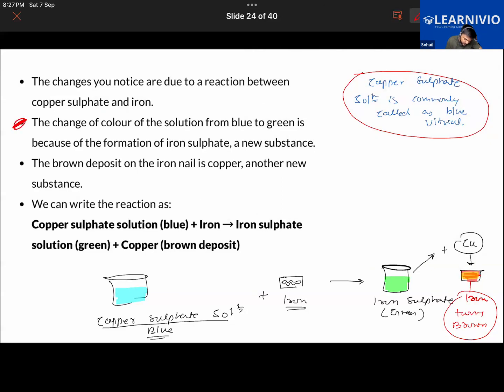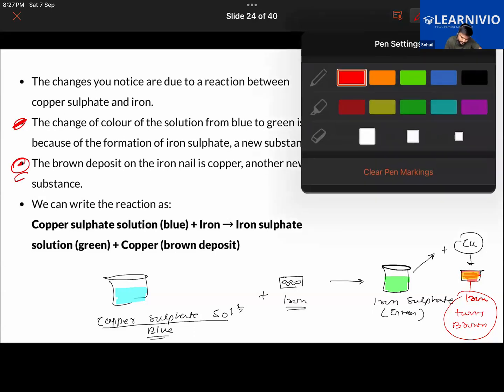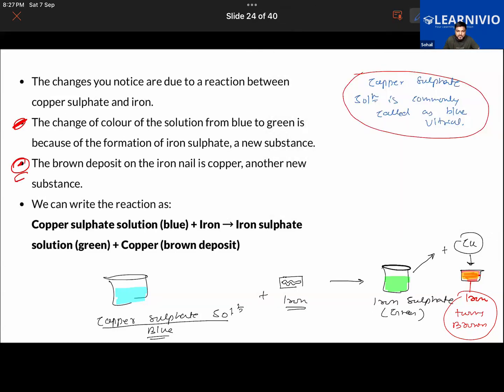Just write this one and this one. After that, just write down this reaction.